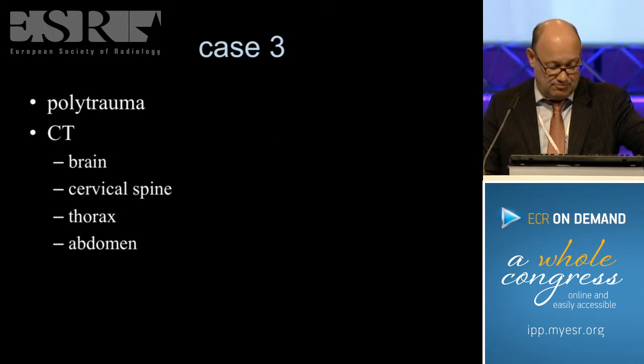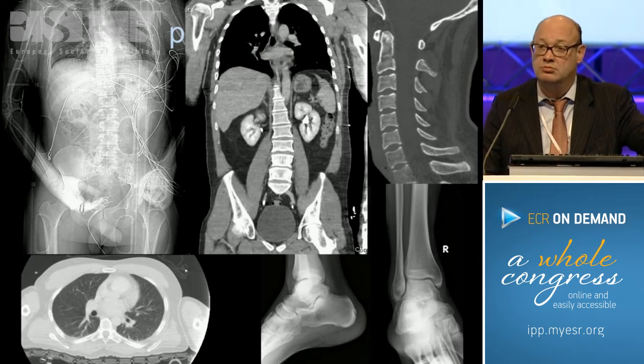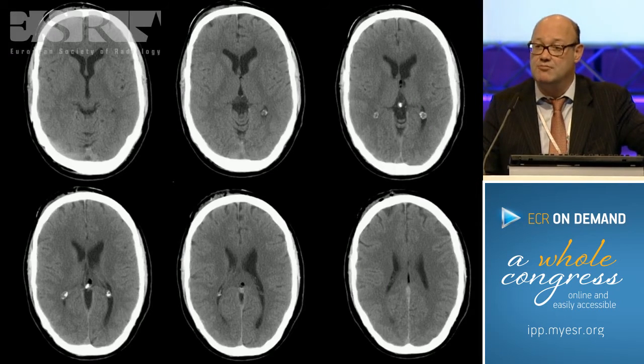The next case is a polytraumatic patient having a CT scan of the brain, the C-spine, the thorax, and the abdomen. And these are the imaging findings. Actually, everything was normal, except for the imaging study of the brain.